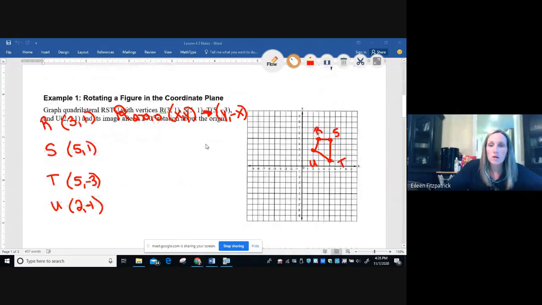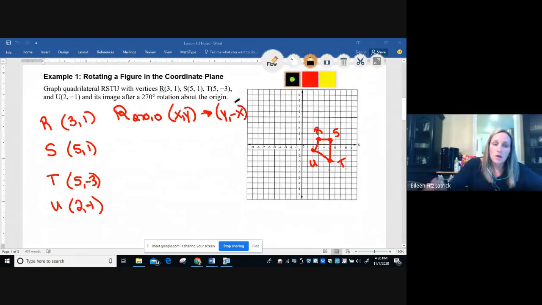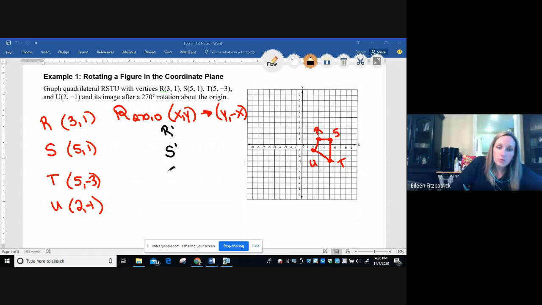Okay, so that means R prime, S prime, T prime, and U prime. If I change the x coordinate sign and flip it, it would be -3 comma 1. Oh, I wrote the last one wrong. I'm sorry, hold on.